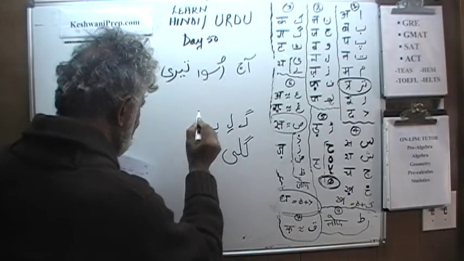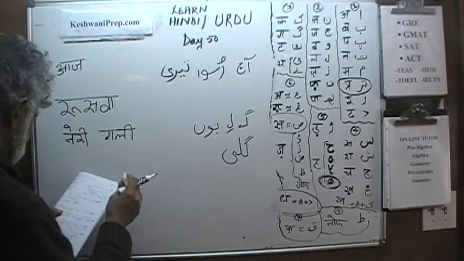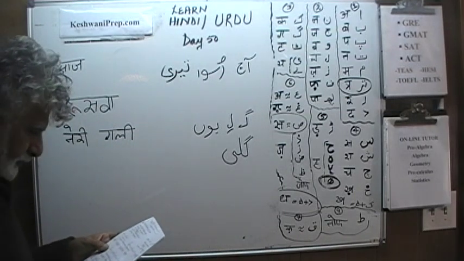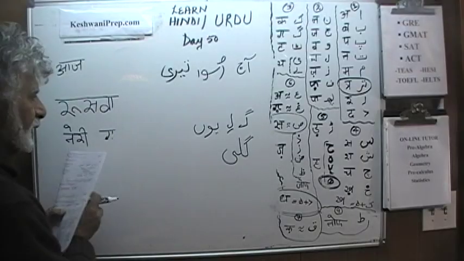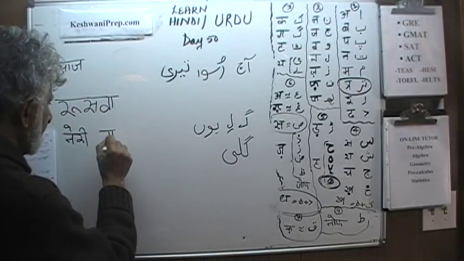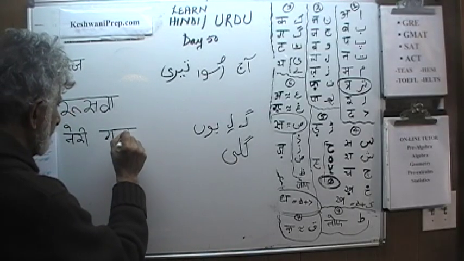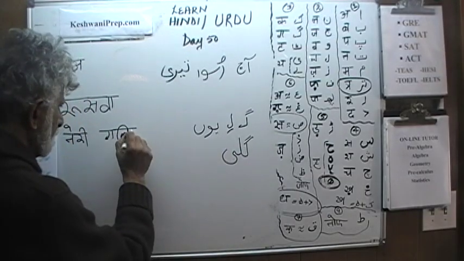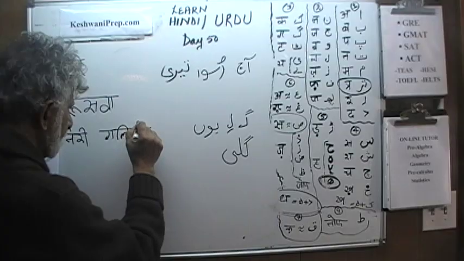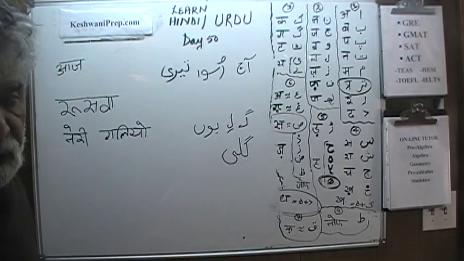With nun gunna. Just give me a second. Right. Yes, it is choti ki matra. Ga, li, yon. It is not gali yo, it is gali yon.